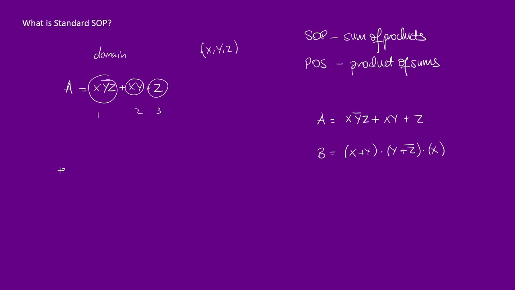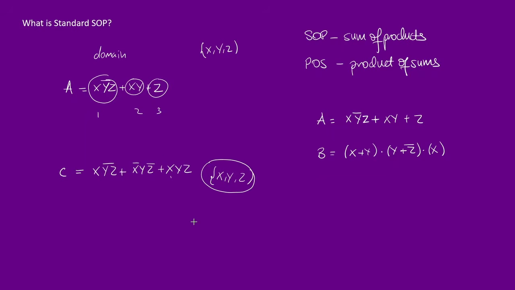So let's say we had another expression saying C is equal to X Y not Z, or X not Y not Z, or X Y Z, or X Y Z. This will now be standard sum of products because each term in the domain here is still X, Y, and Z, and each individual term that's being summed up to make the sum of products contains every variable in the domain.